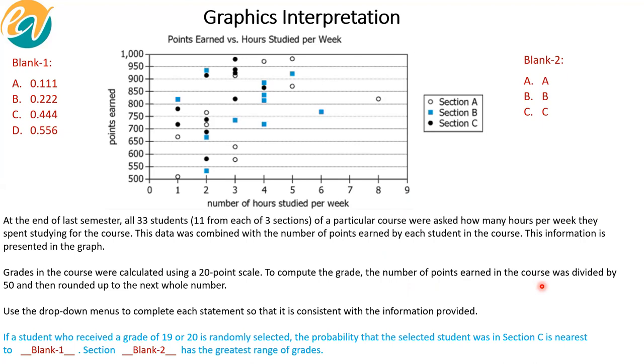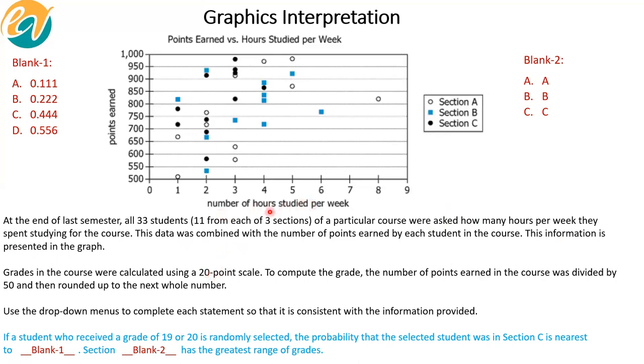At the end of last semester, all 33 students, 11 students from each of the three sections, section A, section B, section C, were asked how many hours per week they spent studying for the course. This data was combined with the number of points earned by each student in the course.